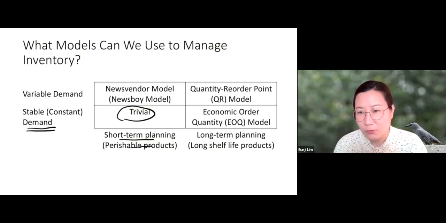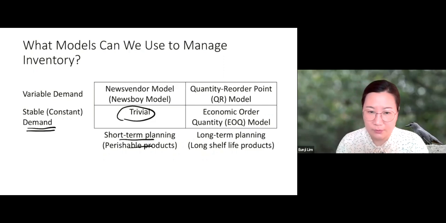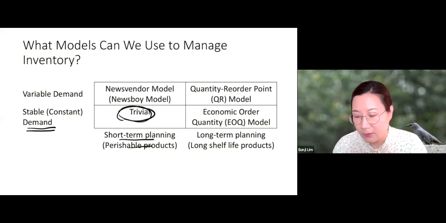For example, we know exactly 100 customers will want to buy our swimming suits. Then, how many swimming suits should we produce for the upcoming summer? This is a trivial question. We just need to produce 100 swimming suits. Trivial.